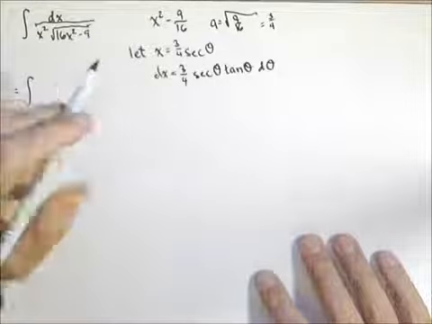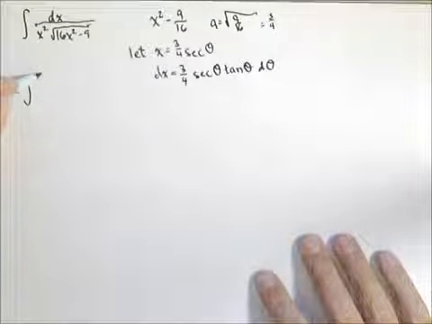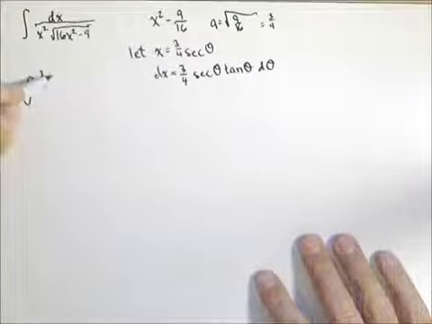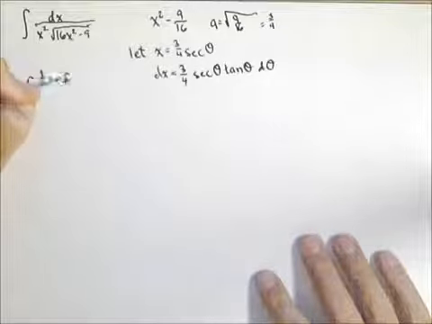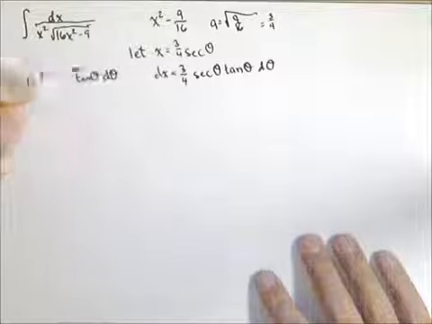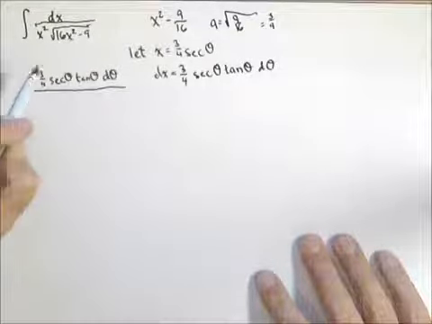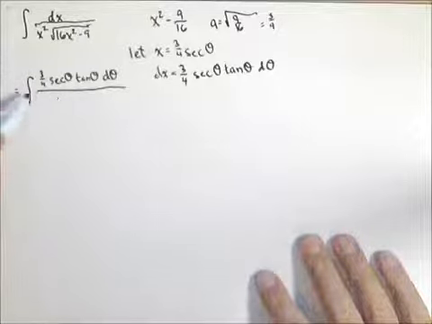Again, the biggest mistake is people forget the dx, so let's just go ahead and start with that. On top, we're going to have a 3/4 secant theta tangent theta d theta. And don't worry about the 3/4 because there might be some canceling we can do.